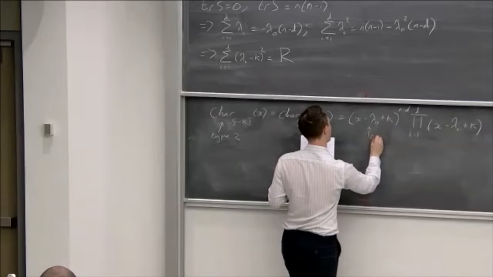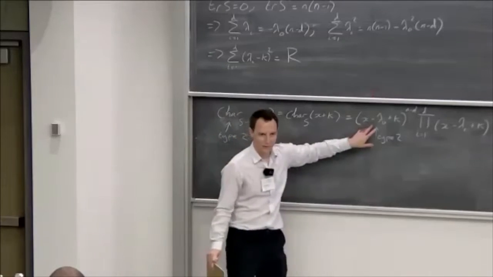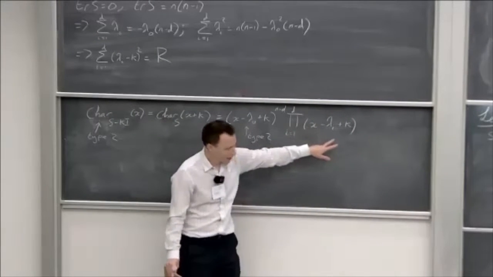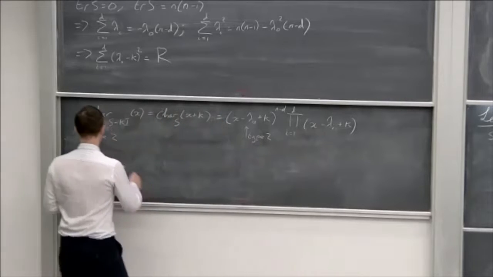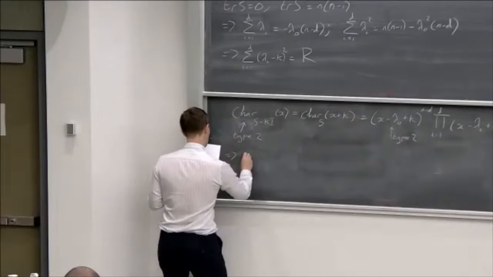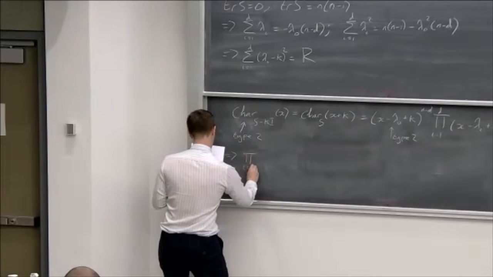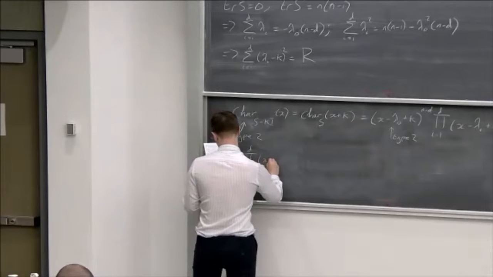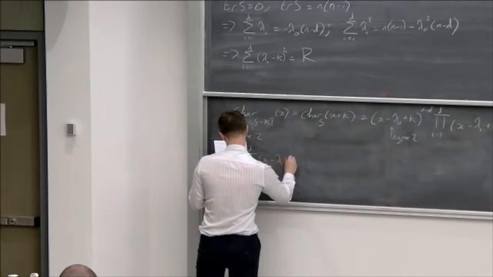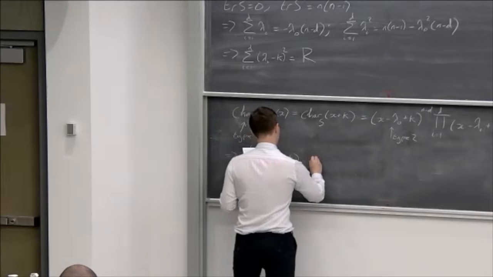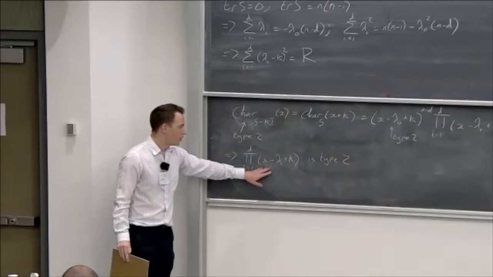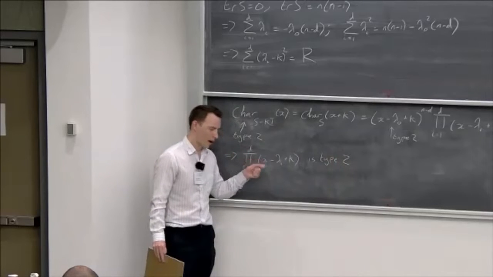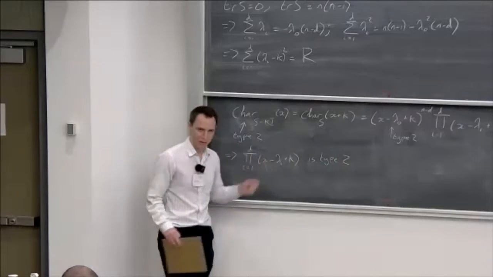So by the factorization property we saw yesterday, this has to also be type 2. This implies that the product from i equals 1 up to d of (x − λi + k) is also type 2. How do we use this? Well, if it's type 2, then 2 to the i divides the ith coefficient.